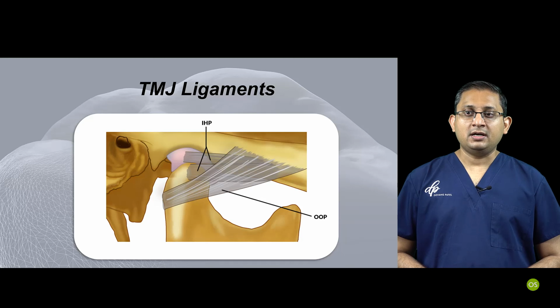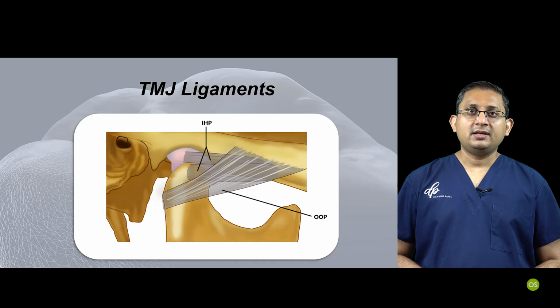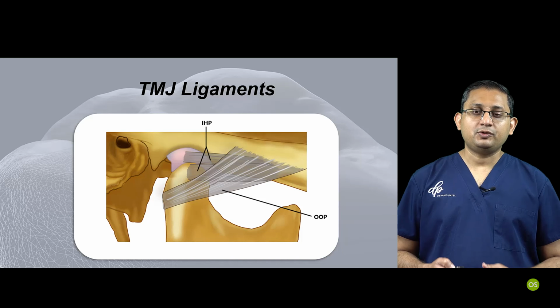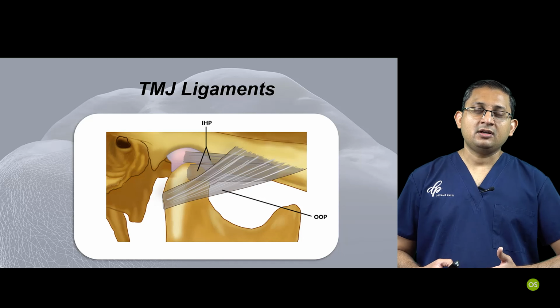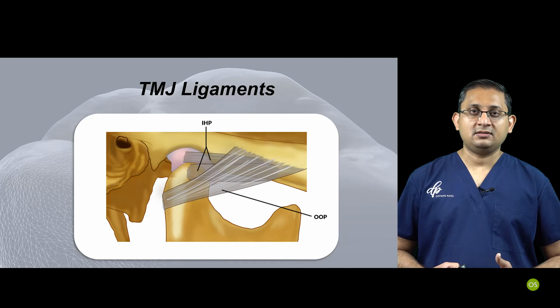Then you have the inner horizontal portion, and the main function of this ligament is to limit the posterior movement of the condyle and the disc, to avoid moving the condyle and disc really posteriorly and crushing that retrodiscal tissue.